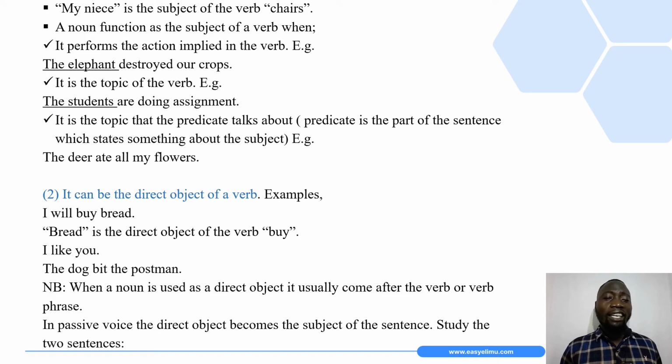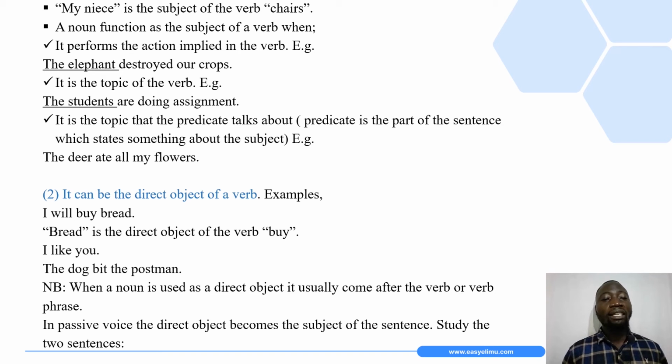So a noun functions as the subject of a verb when it performs or does the following. Number one, a noun functions as the subject of a verb when it performs the action implied in the verb. So in the example below, we have, the elephant destroyed our crops.